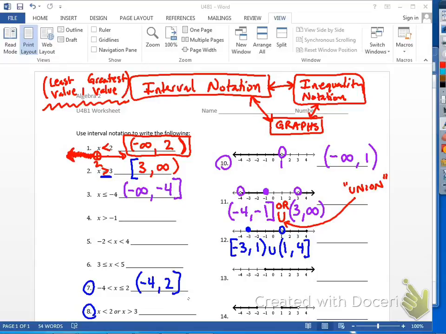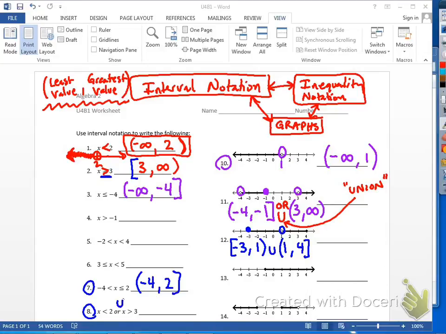Okay, so what about number 8? X is less than 2 or x is greater than 3. Well, because it has the word or, there's going to be a union in this problem. That's your hint. So you've got two pieces.